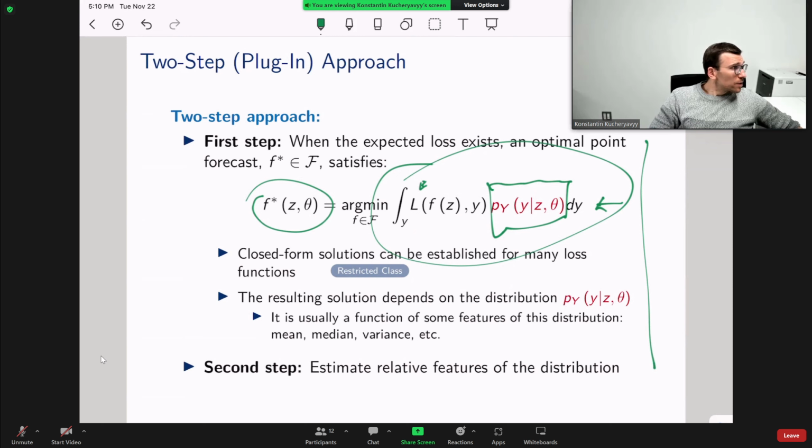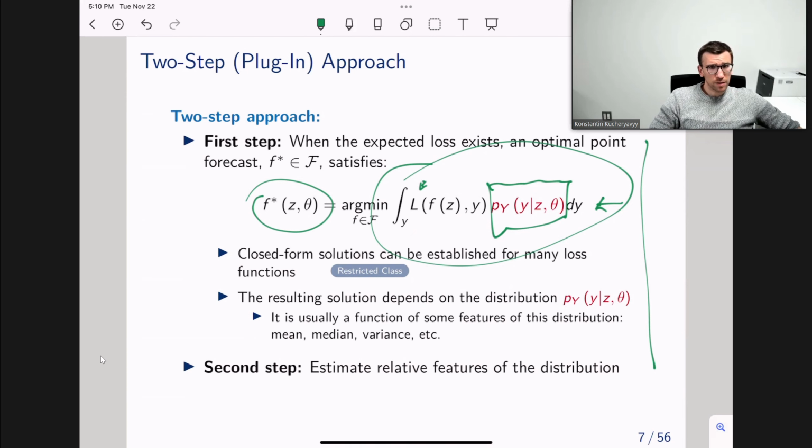I think that was the contribution of Elliott and Timmermann, not in the book, but as researchers on forecasting. They pointed out this inconsistency: many people were in effect doing a two-step approach.